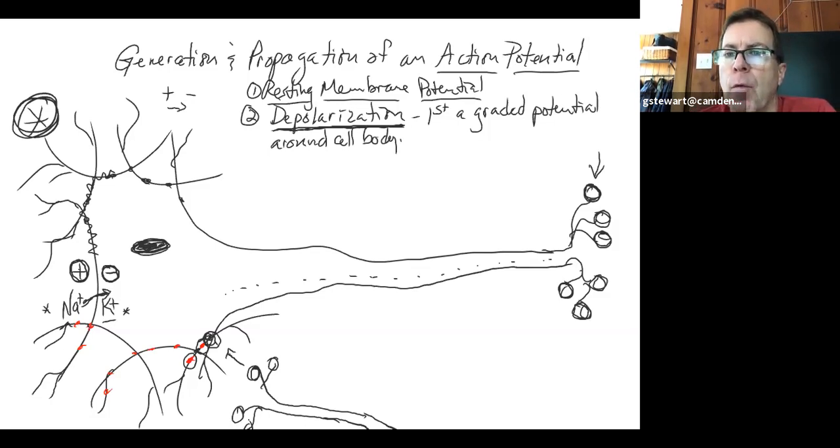So when this cell, the nerve cell that I've drawn, is stimulated, it receives neurotransmitter, and we get ripples of depolarization around the cell body. That means sodium leaks in a little bit all around this cell body. And it's a graded potential.